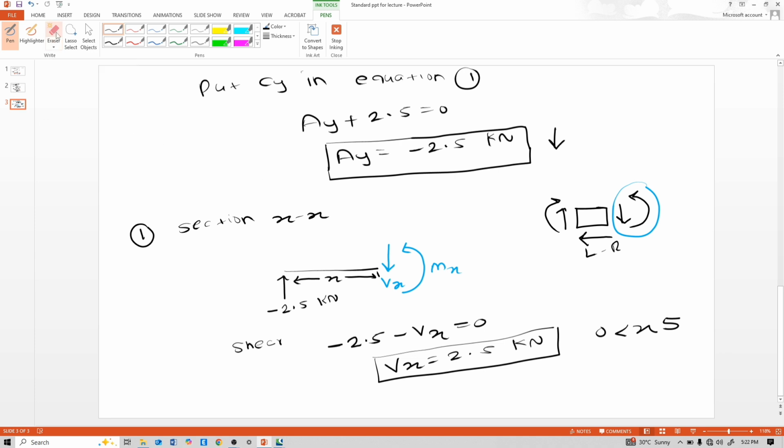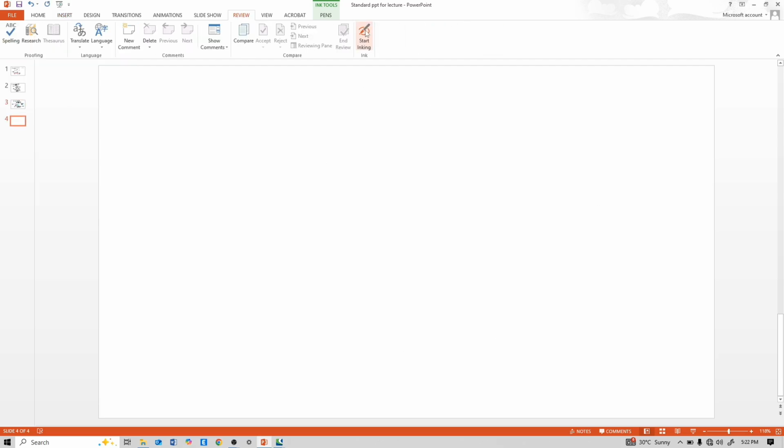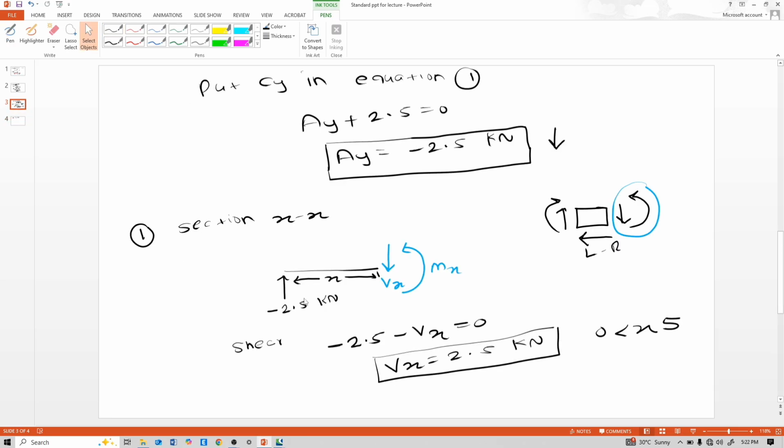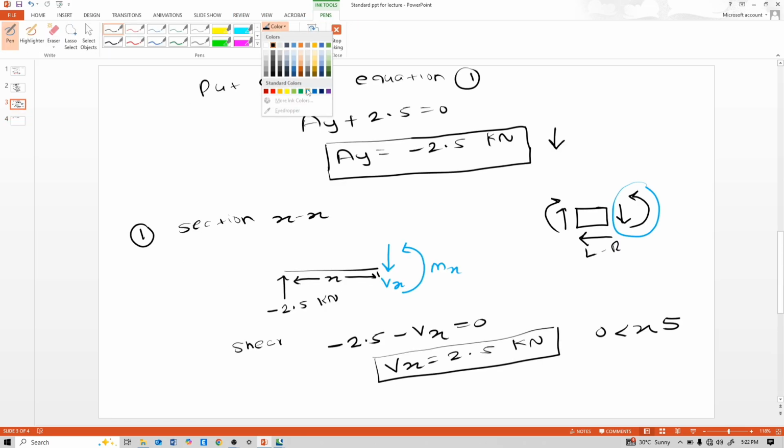Now next is the moment calculation for that section x. Consider clockwise moment positive and anti-clockwise moment negative. So here we take moment at this point.